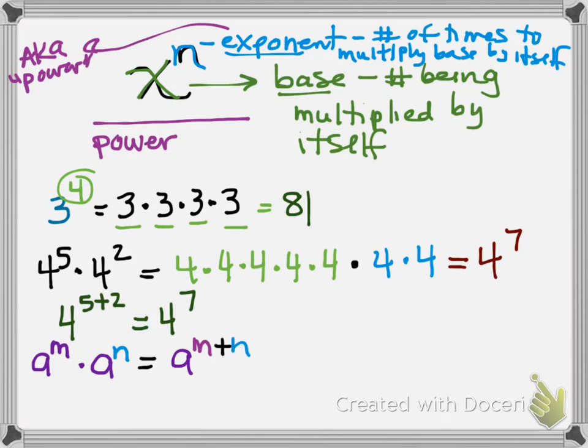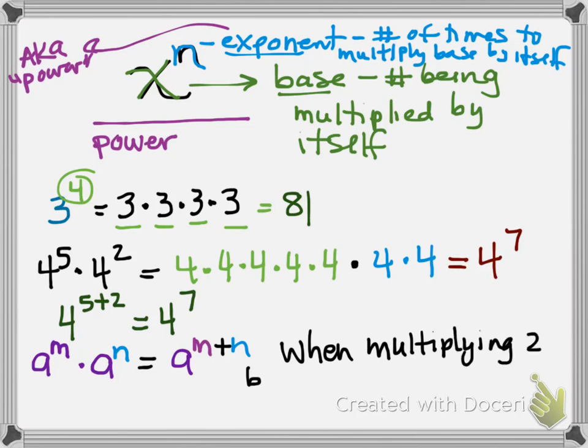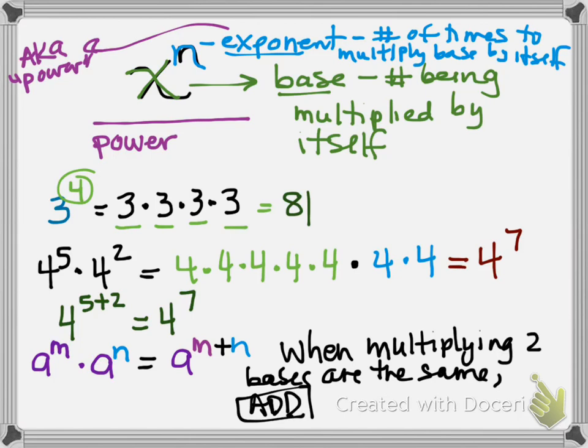So in words, when multiplying 2 bases that are the same, and it's not even limited to 2, it's as many as you want, you're going to add the exponents. Okay?